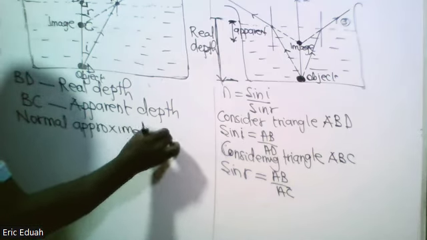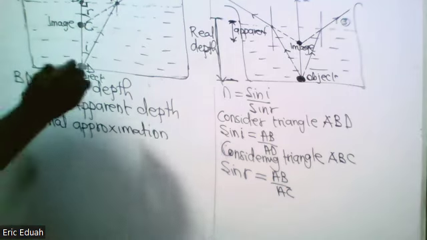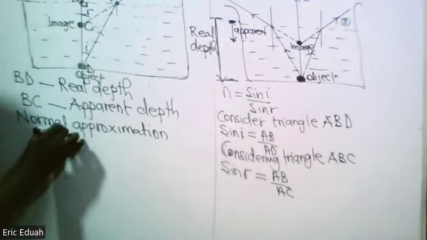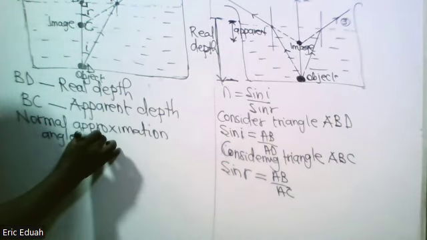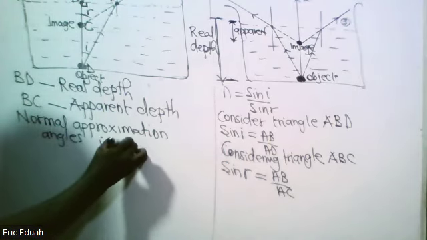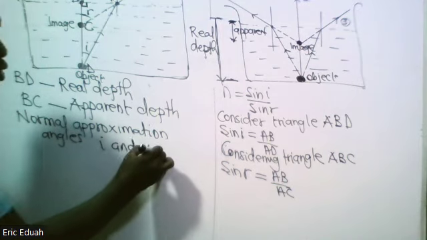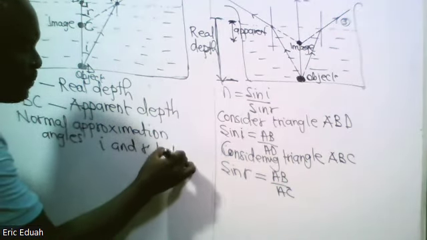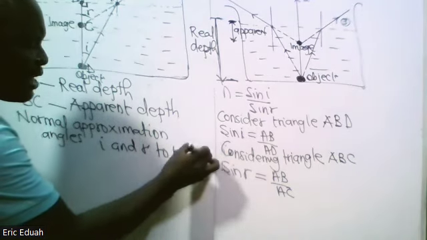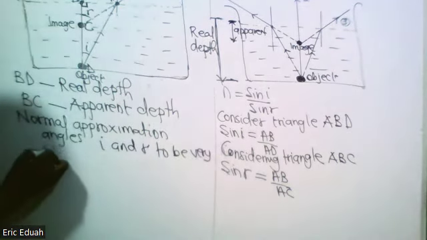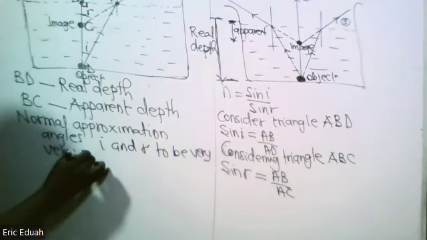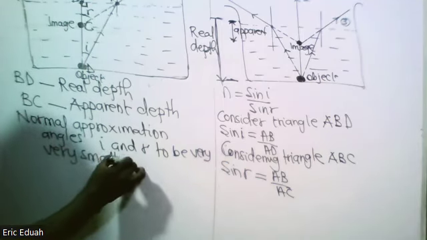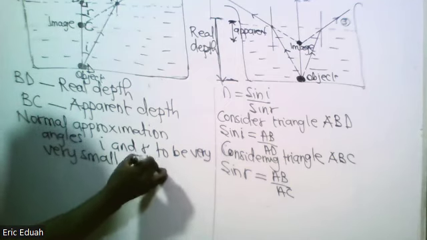By normal approximation, we are taking angles I and R to be very, very small angles.